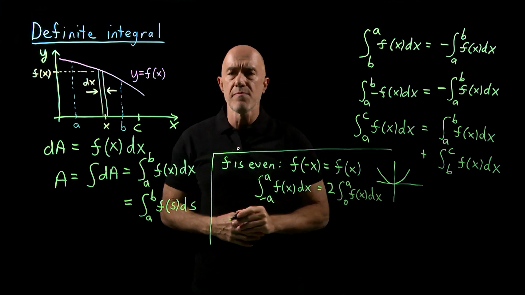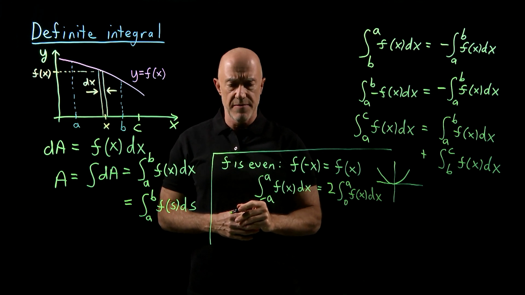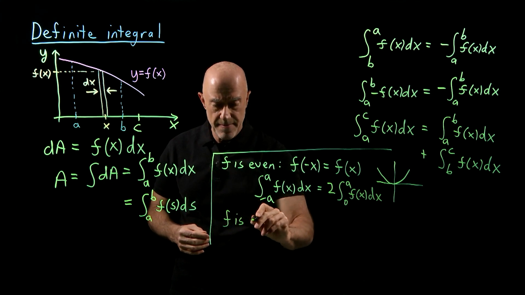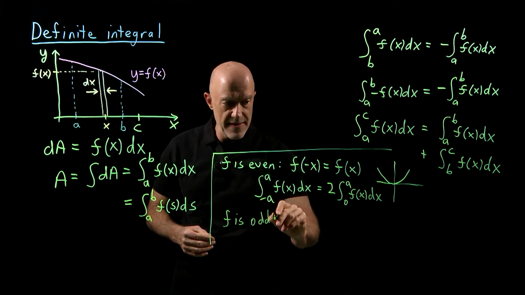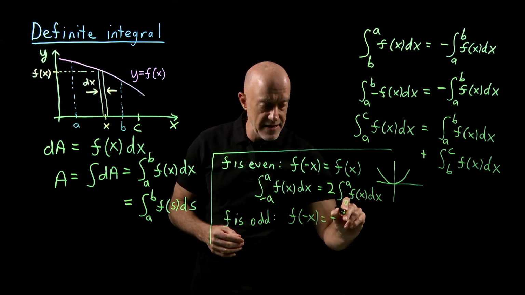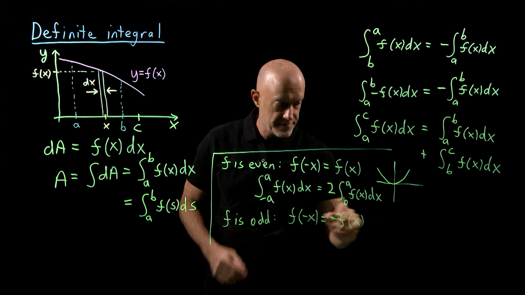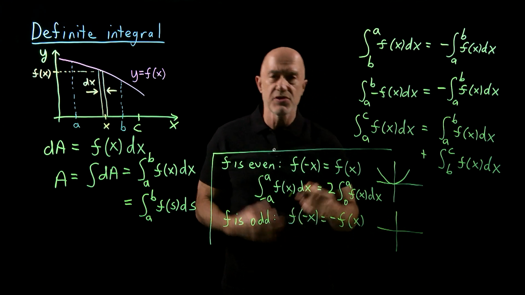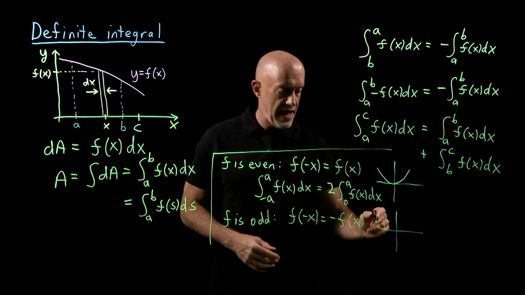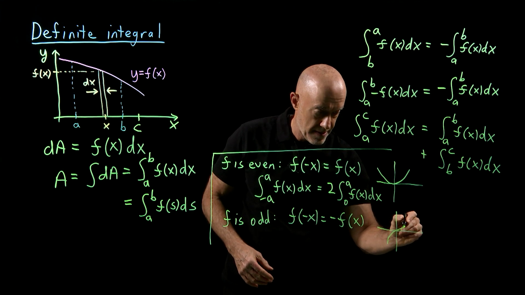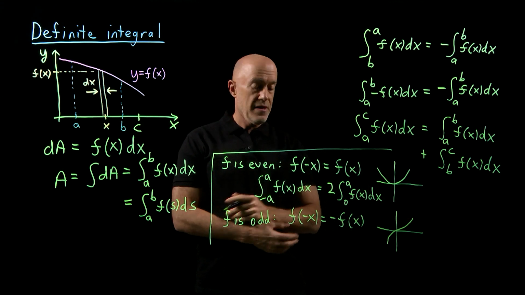So sometimes we make use of this simplification. The other case would be if f is an odd function. In that case, f of negative x is equal to negative f of x. And the typical picture of that type of function would be something like x cubed. So it could look something like that.